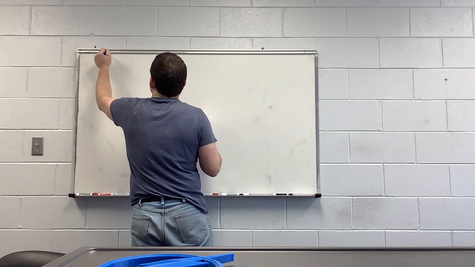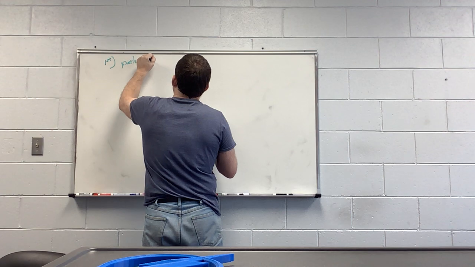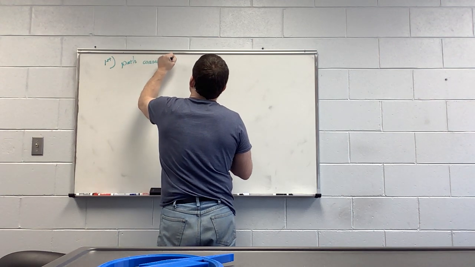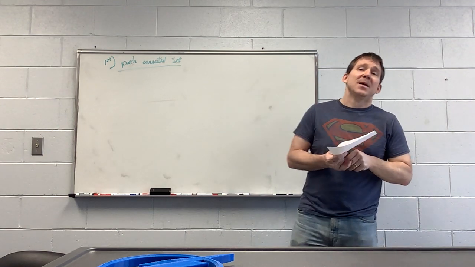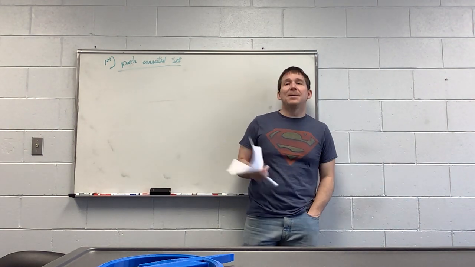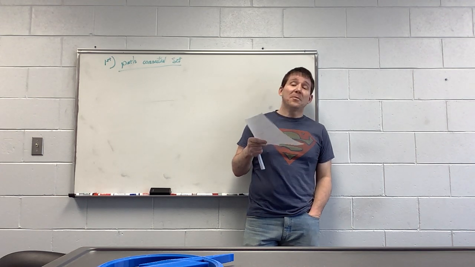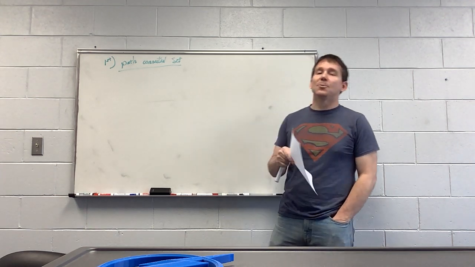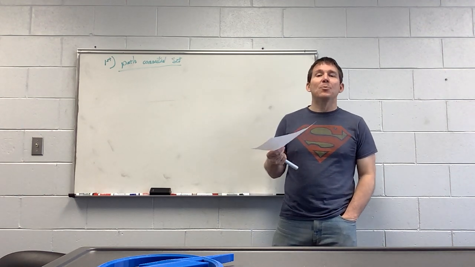So we need a couple of new definitions. First, we need what's called a path-connected set. I'm not even going to write a definition here. The idea is pretty straightforward in the name. A set is path-connected if for any 2 points in my domain, I can connect them with a path.